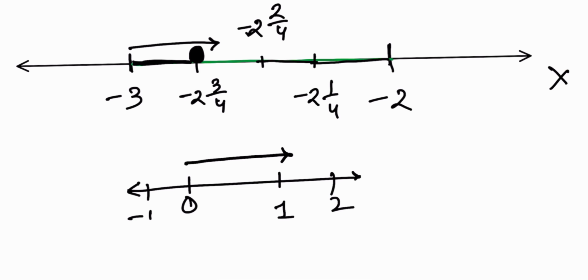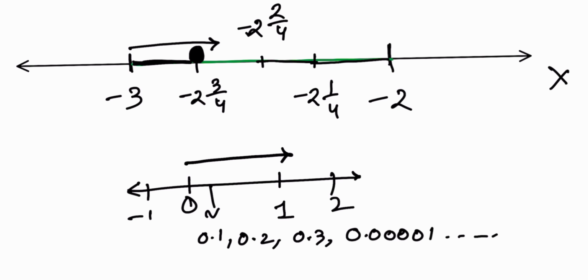Between 0 and 1 there can be infinitely many numbers: 0.1, 0.2, 0.3, 0.00000001. So this arrow indicates that we are taking all the numbers, and that is not true.